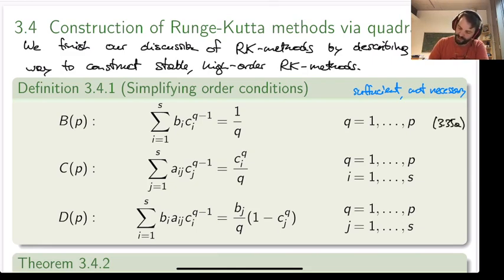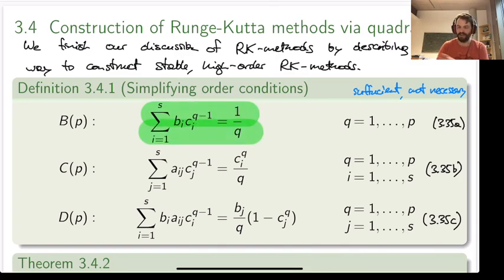So these simplified conditions are equations 335. I'm going to subdivide them into 335a, 335b, and 335c. So the first condition is pretty straightforward. If you think back at quadrature, if you do quadrature of a function on the interval 0, 1, then the monomials up to order q integrate to the value of 1 over q.